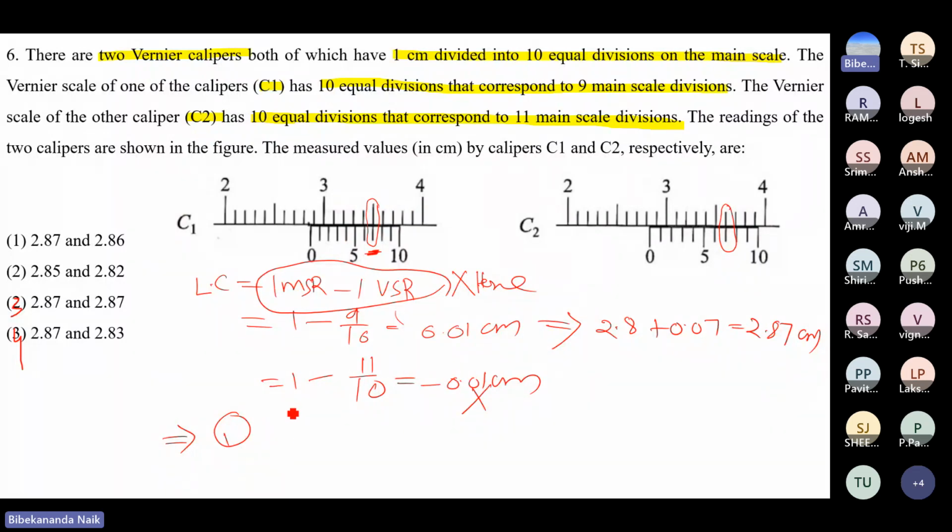In the first case, 10 main scale division corresponds to 9 vernier scale division, so one vernier scale division will be 9 by 10 into main scale division, that is 0.09 centimeter.